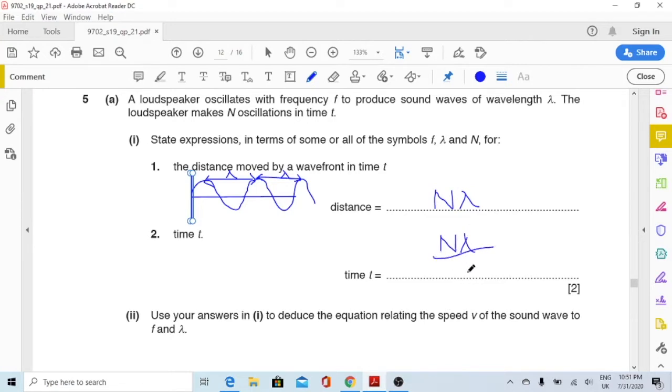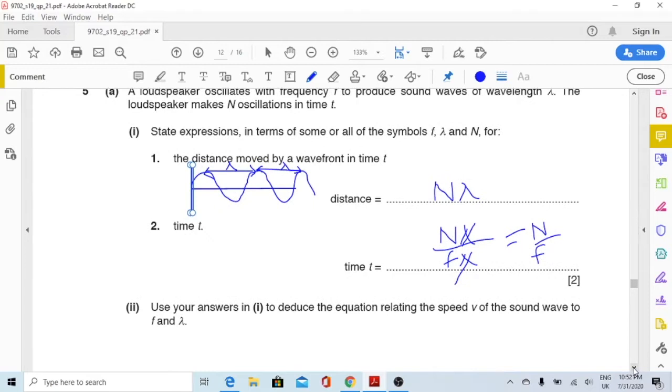Speed in terms of waves is frequency into wavelength, so I'll write f and then wavelength. This wavelength and this wavelength get cancelled, so I'll write n divided by f, meaning number of oscillations divided by the frequency of the sound produced.